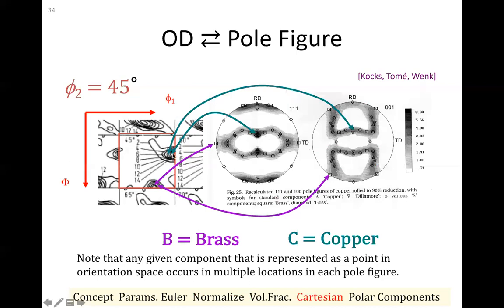So in this case, this point in my orientation space in my beta fiber corresponds to the orientation where my 001 is pointed this way, and my 111 is pointed this way.